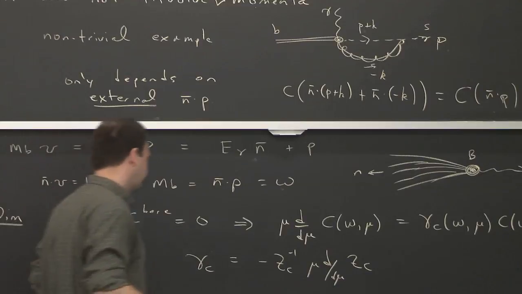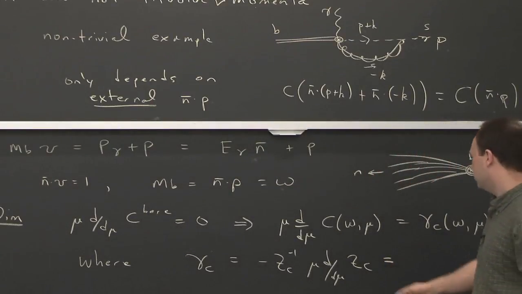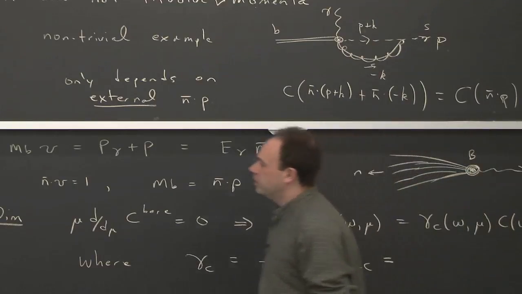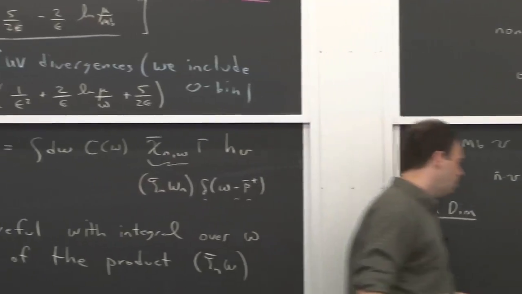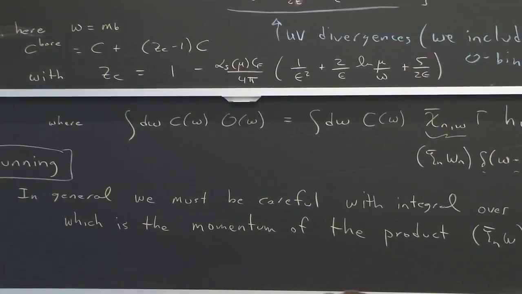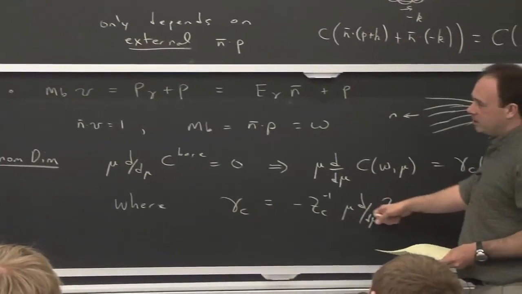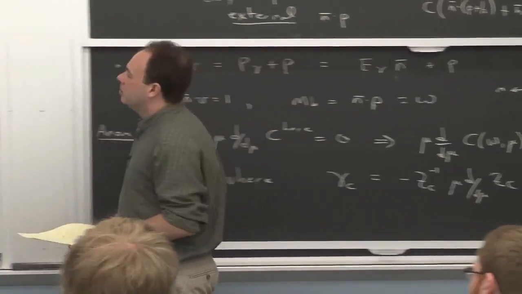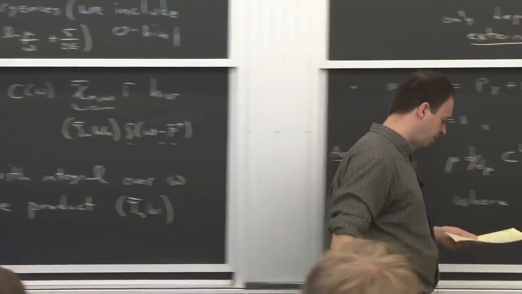Just this. So this is an all orders formula. If we plug in our one loop result here, then on the left, if we work order by order in alpha, we can just take the 1 in the Z_C inverse here. And for Z_C, when we take mu d by d mu, there's mu in the alpha_s, and there's mu in this log. And we're going to have to differentiate both of those.